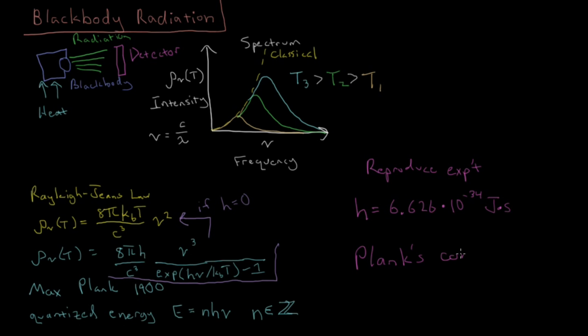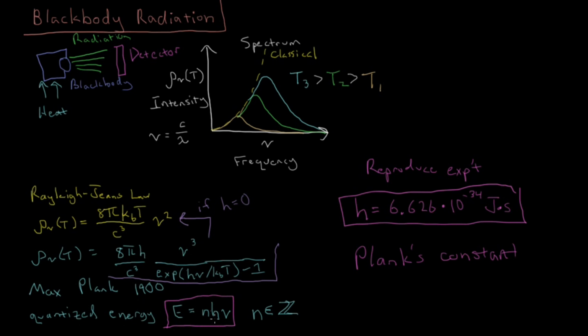This is the first instance where Planck's constant appears, and it came because Planck had that hypothesis that the energy of the particles inside this black body were quantized according to this equation, E equals nhν. That's really the point of this whole video: Planck had a hypothesis that there was some quantization of energy levels, and Planck's constant falls out whenever you try to vary h to reproduce the spectrum of blackbody radiation. At first physicists thought this was kind of just an ad hoc idea.